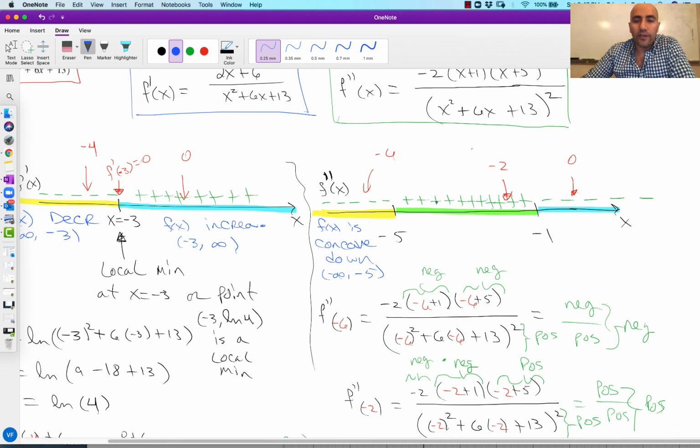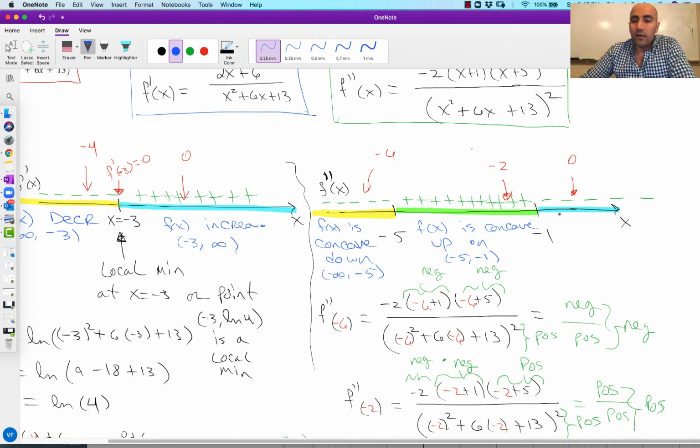On this interval here, we see that the second derivative is positive. Positive is happy. So the underlying function f of x is concave up on the interval from negative 5 to negative 1.